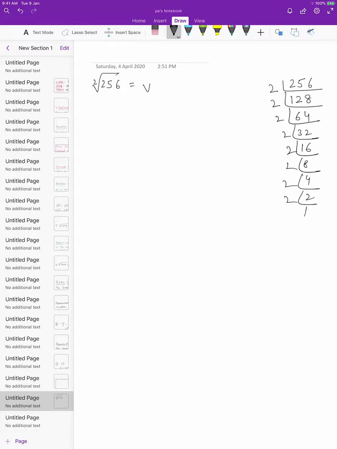It means I can write it as square root of 2 raised to the power 8. Now, what does the square root of 2 mean? That can also be written as raised to the power of 1 by 2. So it comes out to be 2 raised to the power 8 into 1 by 2, which gives me 2 raised to the power 4, which you all know is equal to 16. Hence, it is a rational number.